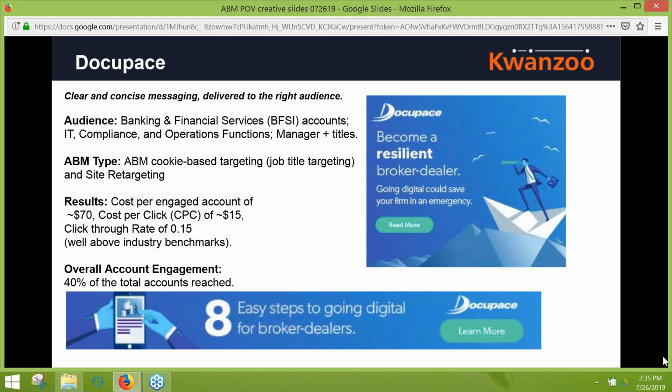As for the ads themselves, the thing that jumps out at me immediately is how beautifully they're designed. But at the same time, the messaging is really strong. Really calling out avoiding an emergency within your firm, that's really powerful.